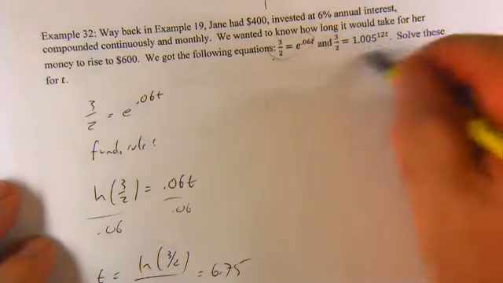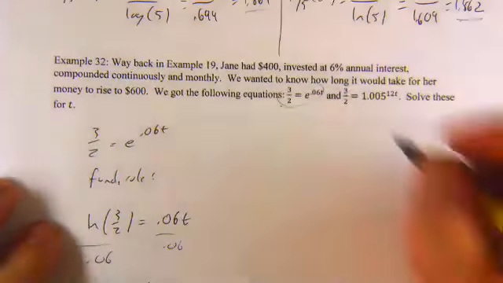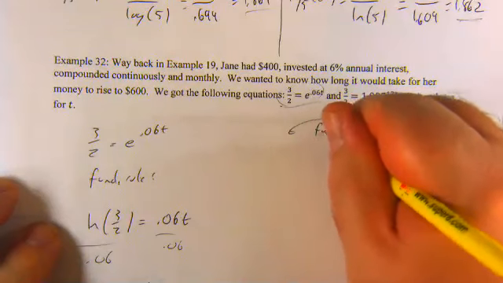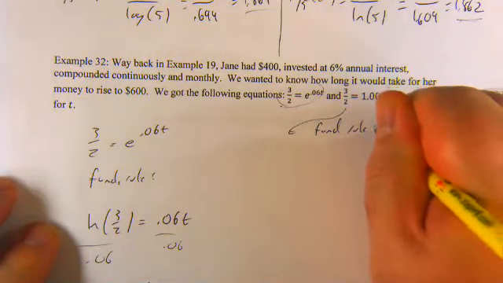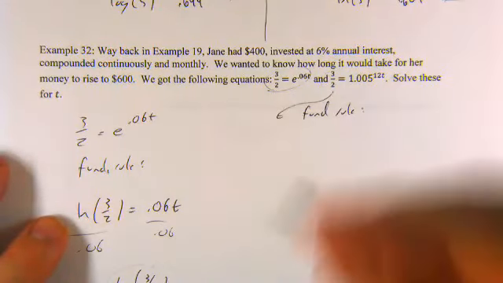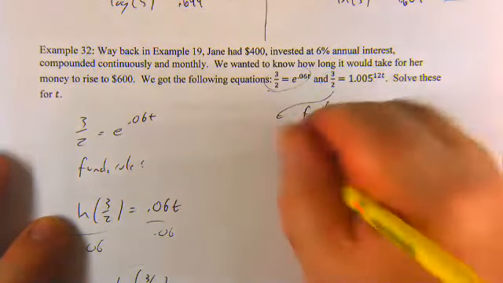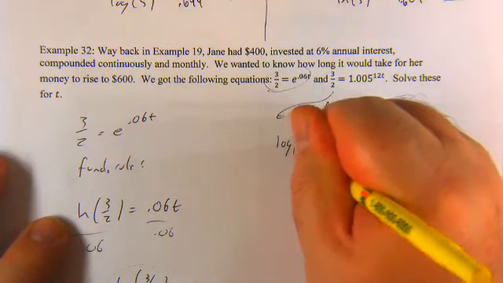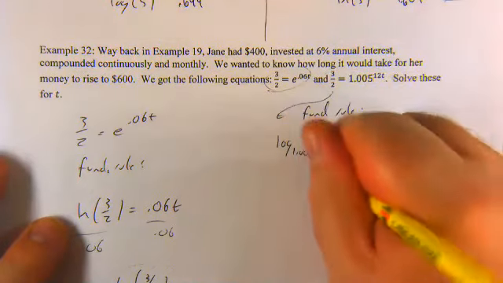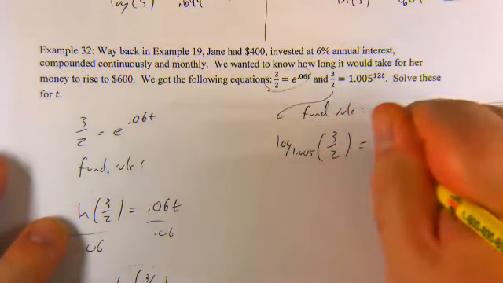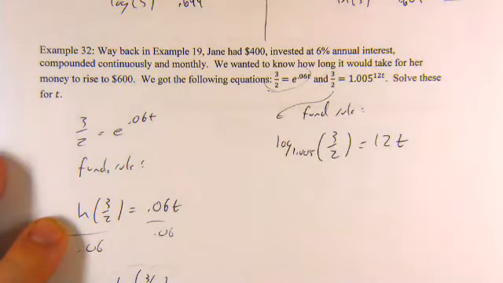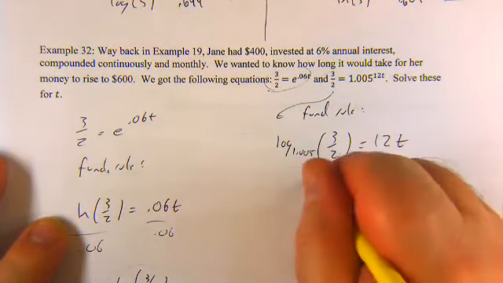This one we couldn't do because the base is 1.005. So if we use the fundamental rule again, what do we get? We get log base 1.005, because that's my base, of the number, which is 3/2, equals 12t. Divide both sides by 12.